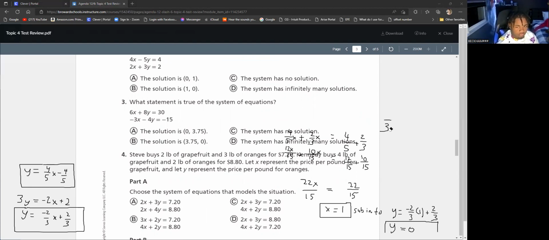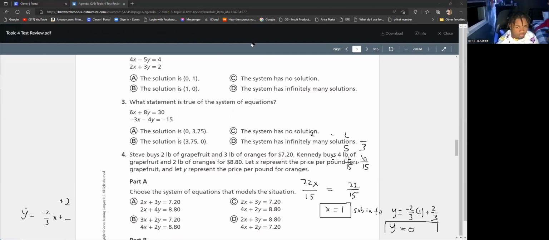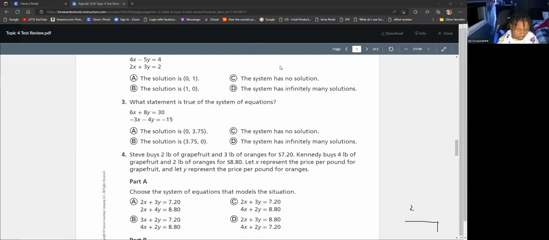All right, you do number three. What are you going to do with number three? Rewrite the equation, y equals mx plus b.